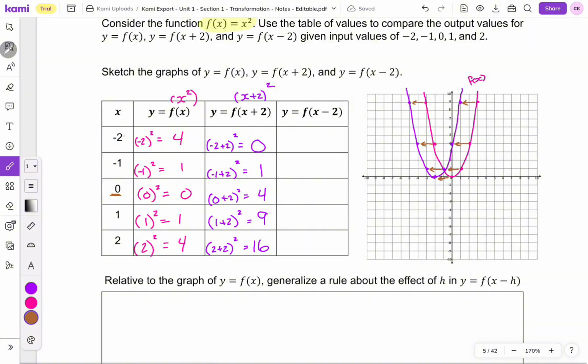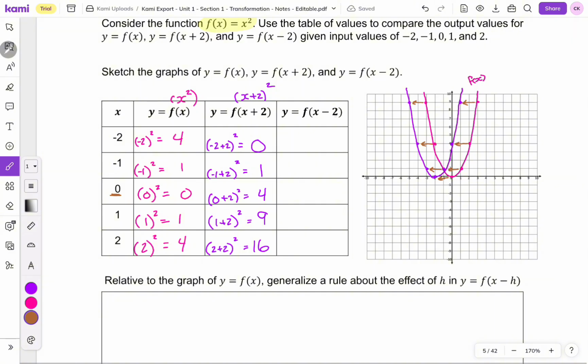But now 2 inputs sooner, it's giving me that same output. So because I'm adding this 2, in order to figure out what value of x gives me that same output, I need to subtract 2. I need to adjust by 2. That's why it makes us move to the left.